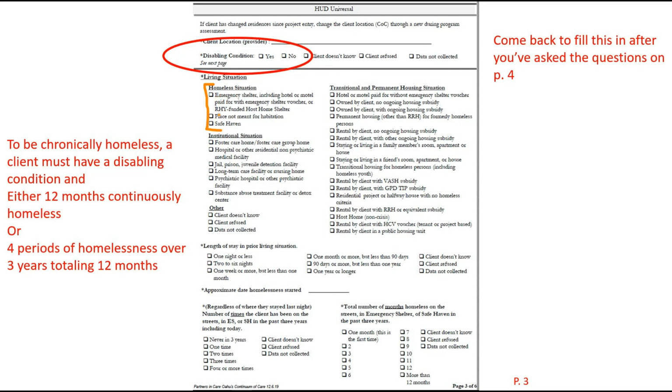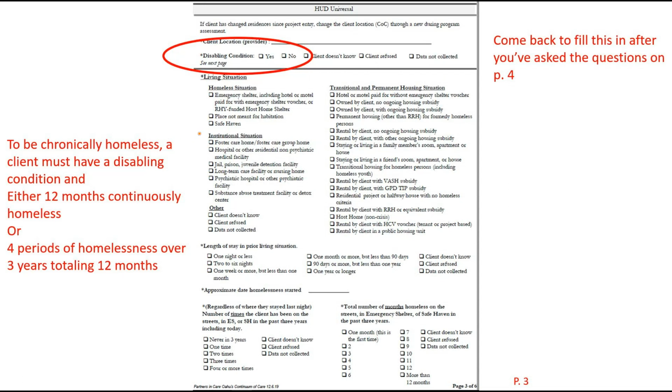They're staying in an emergency shelter, or they're in a place not meant for habitation. This is what we would probably think of traditionally as somebody being homeless. They're on the streets, in a beach park, sleeping in their car. They're in a condemned building. Those would all be places not meant for habitation. Those people are considered homeless.